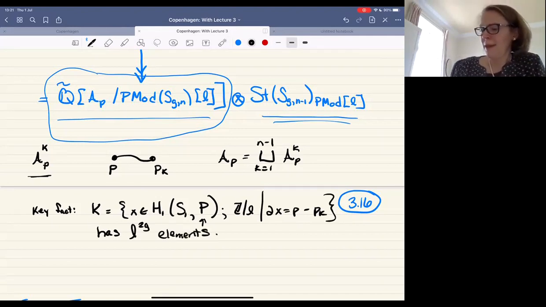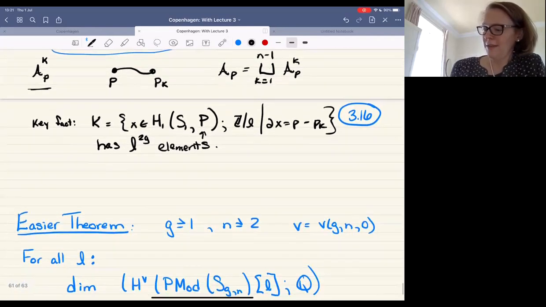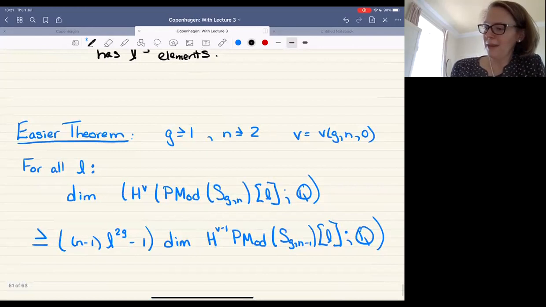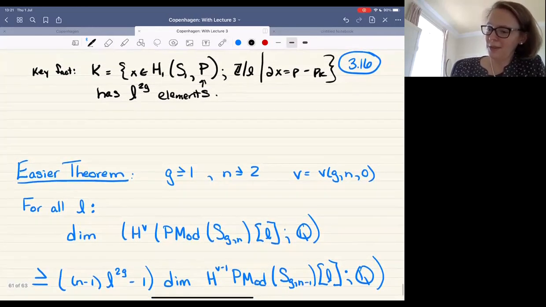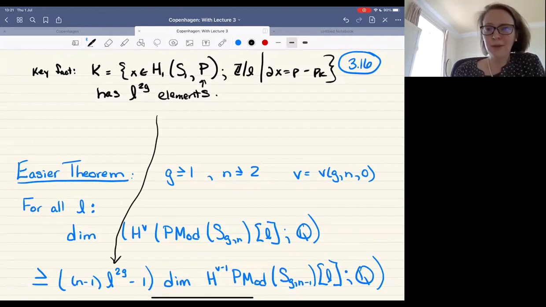And so this is where, here's our easier theorem that we were trying to prove now. This is where this L to the 2G comes from in our bound. And then of course the n-1 just comes from the fact that there are n-1 of these subsets of my arc complex.